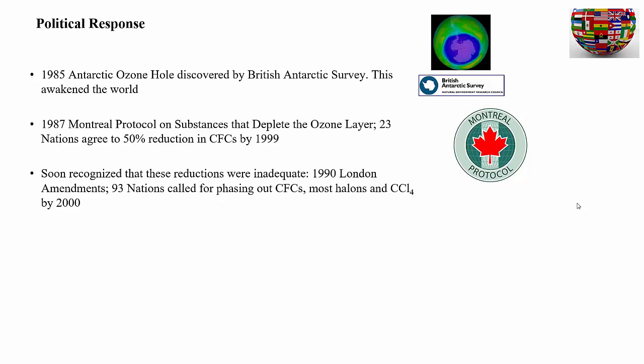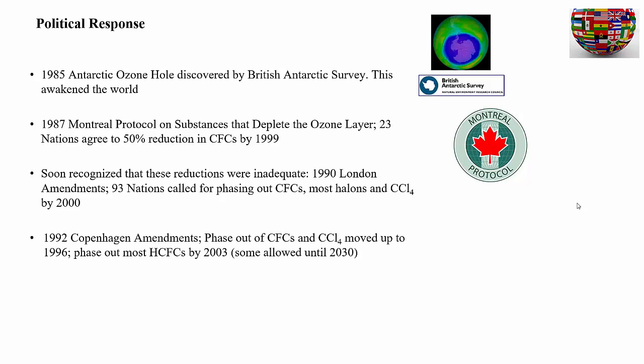And so there were subsequent meetings, the 1990 London Amendments, where 93 nations agreed to phasing out CFCs, most halons, and carbon tetrachloride by the year 2000. There were further amendments in 1992 where they moved up the phasing out of CFCs and carbon tetrachloride to 1996.